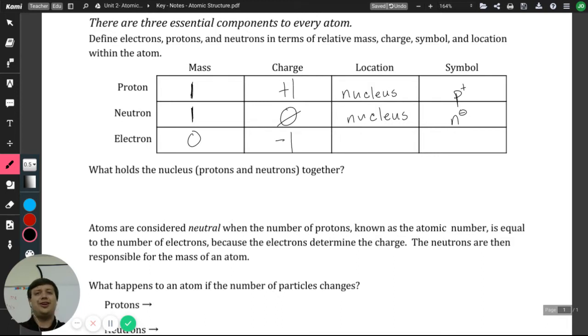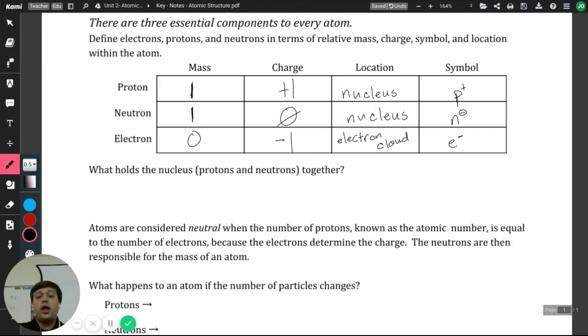So if you get a proton and an electron near each other, what are they going to do? They're going to attract. Where do we find them? Well, we find electrons in what's called the electron cloud. All right, so the electron cloud is basically, you've got your nucleus, and the electron cloud is everything outside of the nucleus. All right, and then for our symbol, we've got an E with a negative charge there.